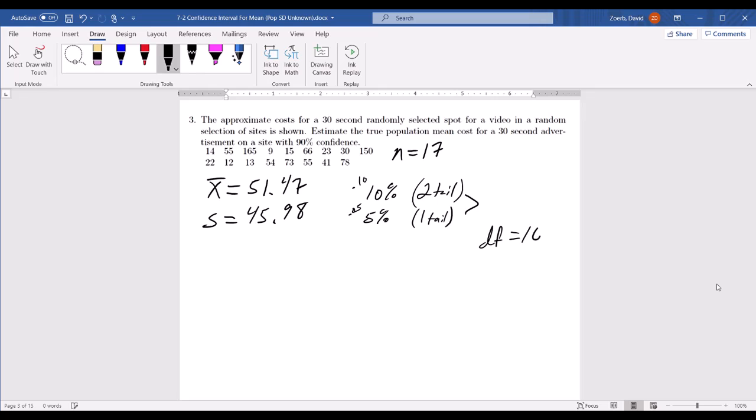Degrees of freedom was one fewer than what you were given, which means 16. So we're going to look at 16 and 10% two tail. So 10% two-tail, again, be careful. So 10% two-tail and degrees of freedom of 16 gives you 1.746.